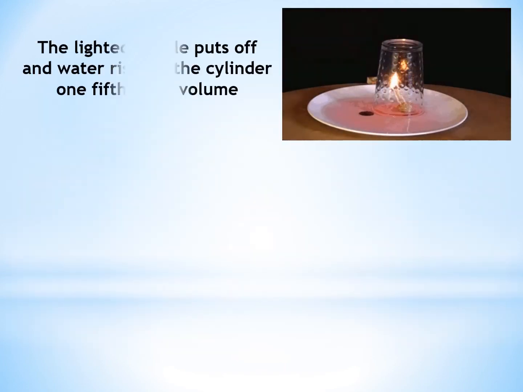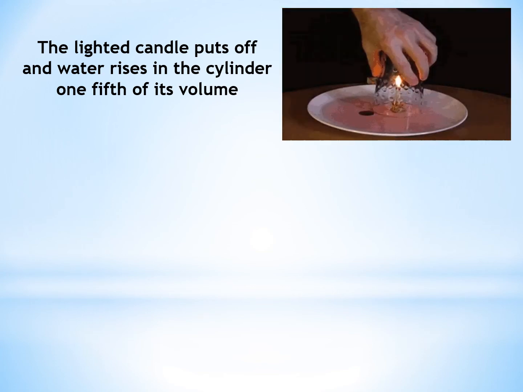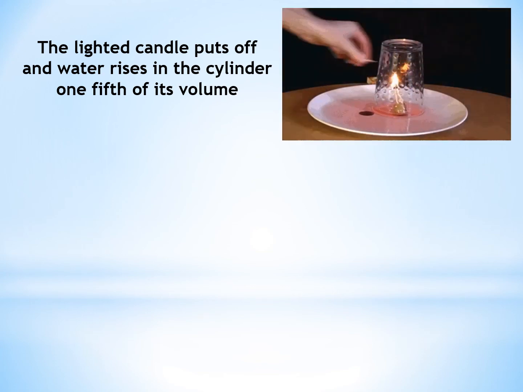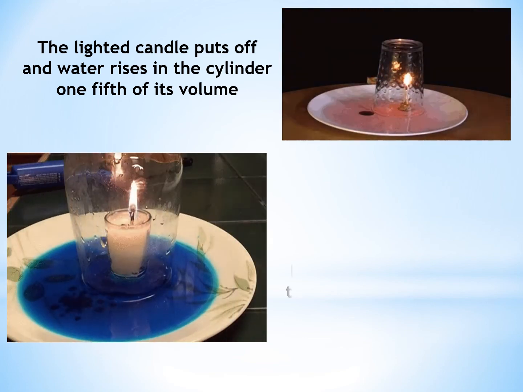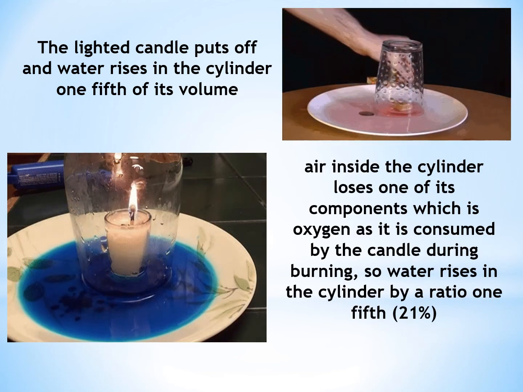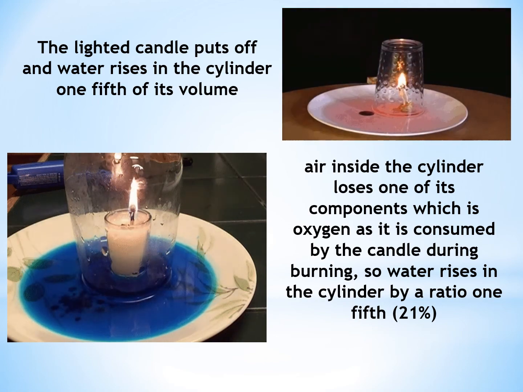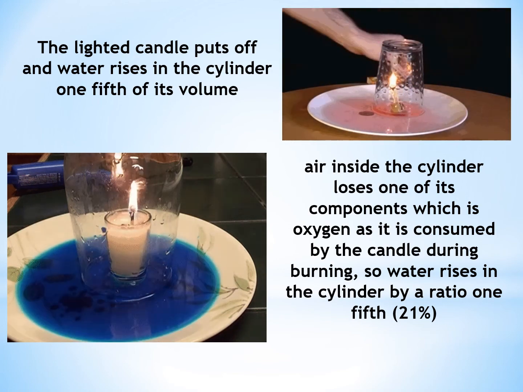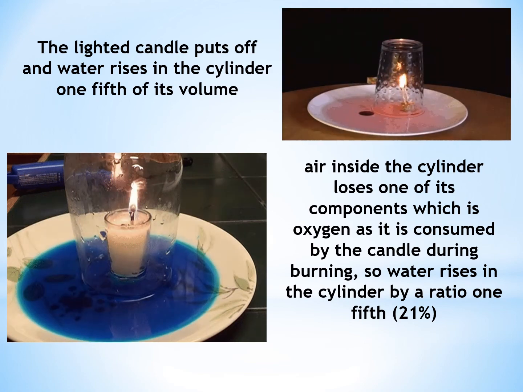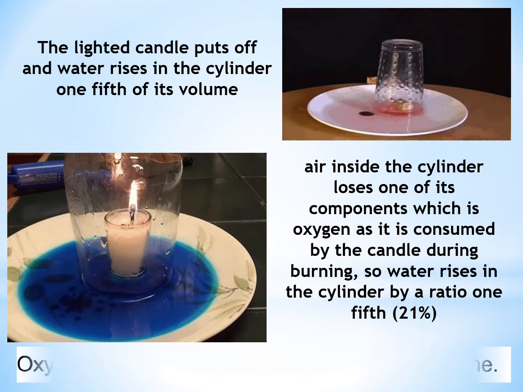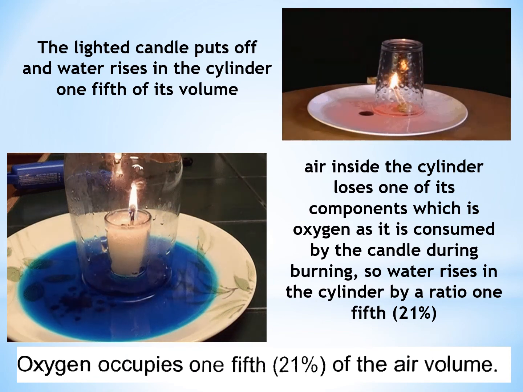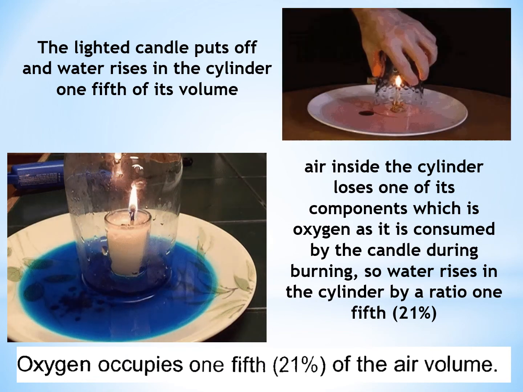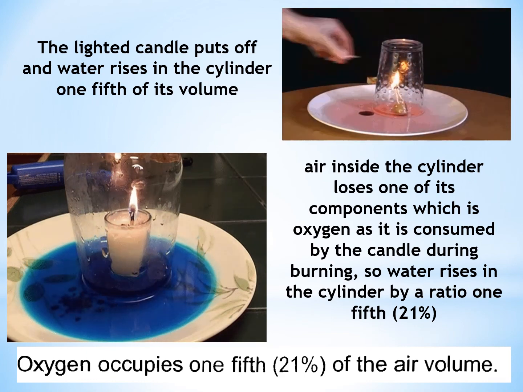We can conclude from the previous video, the lighted candle puts off and water rises in the cylinder 1/5 of its volume. Air inside the cylinder loses one of its components, which is oxygen, as it's consumed by the candle during burning. So, water rises in the cylinder by a ratio of 1/5 or 21%. This means oxygen occupies 1/5 or 21% of the air volume.